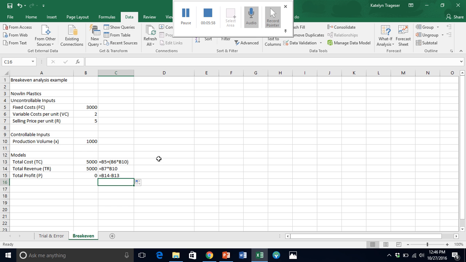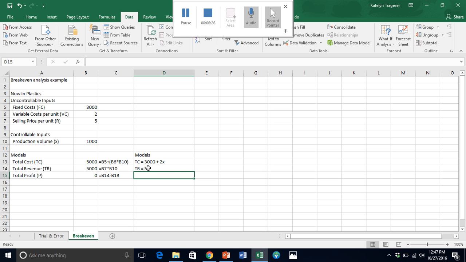And another handy thing to do when you're running models like we're doing is to actually put the formulas for the models. We know that total cost is equal to 3,000 plus 2x. Total revenue is equal to 5x.